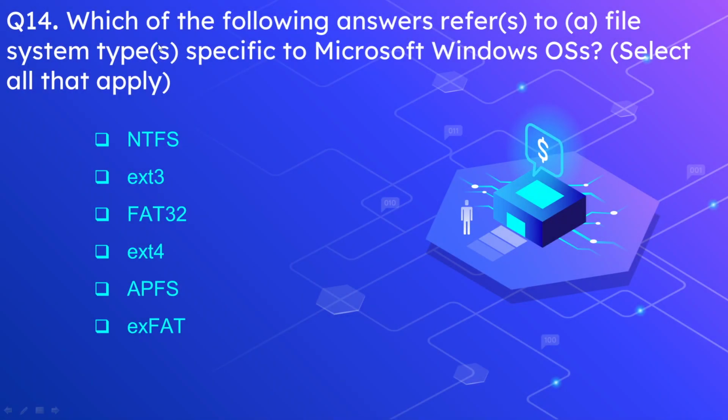Question number 14 is that which of the following answers refer to file system types specific to Microsoft Windows operating systems? Select all that apply, and the options are NTFS, ext3, FAT32, ext4, APFS and exFAT. And the correct options are NTFS, FAT32 and exFAT.